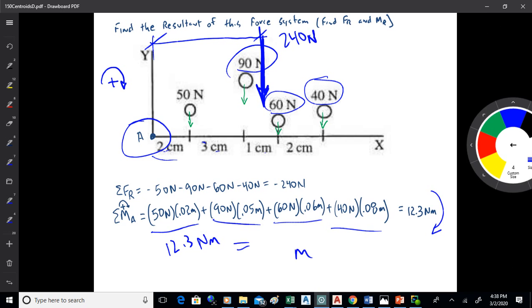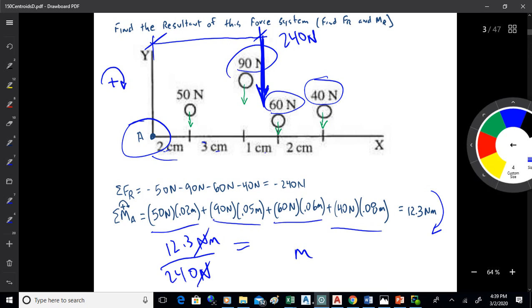Yeah, divide by the resultant force. You mean divide by 240? Yeah, I do, which I didn't write down. So why don't I write that down? Yeah, thank you.